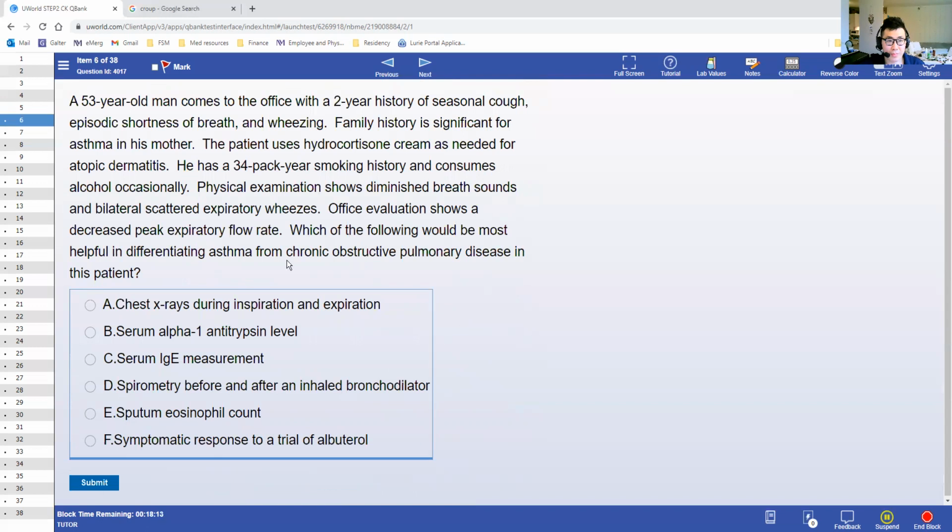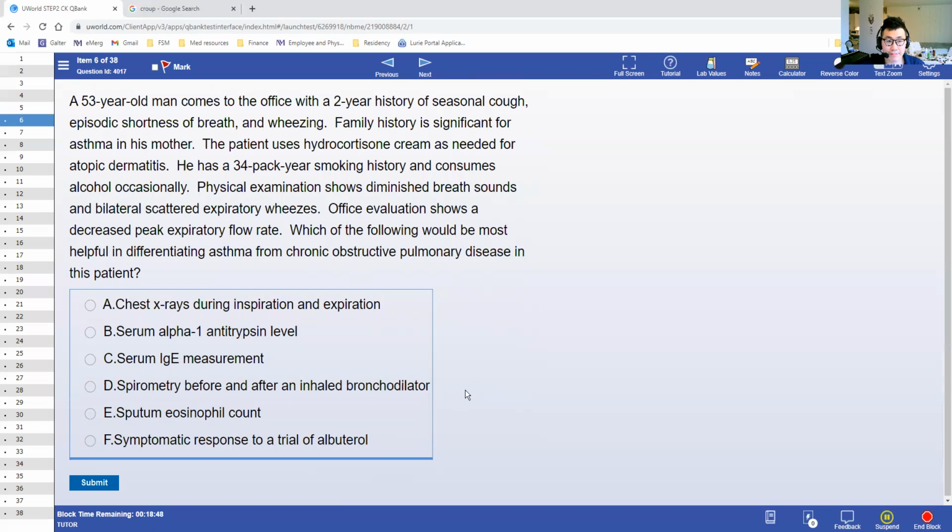All right, which of the following are most helpful in differentiating asthma from COPD? So asthma is obviously reversible, COPD is not. What could be helpful here is you can either use a methacholine challenge, which can worsen asthma drastically, or you can give some kind of albuterol and see how well they do after that.